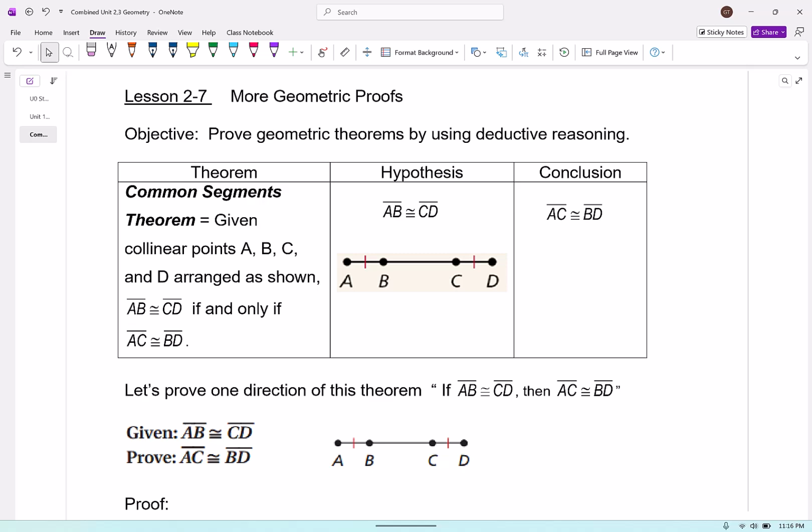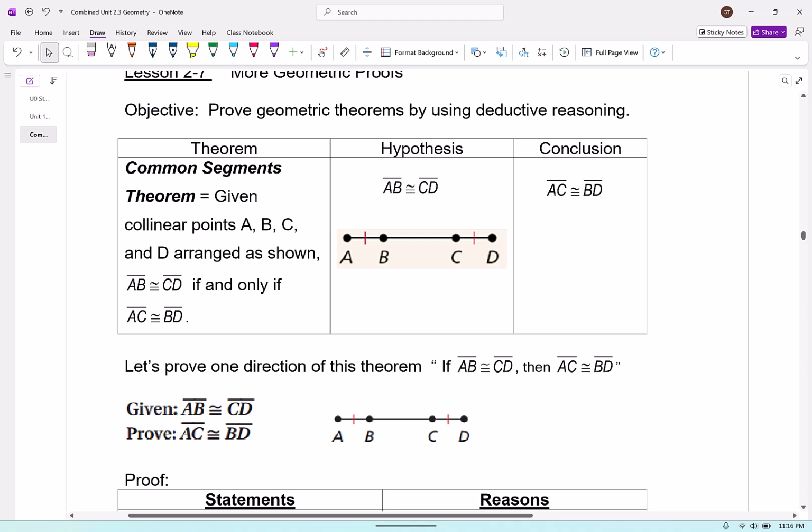And so what that means is that right here in the middle, this spot between B and C, this is a common segment.